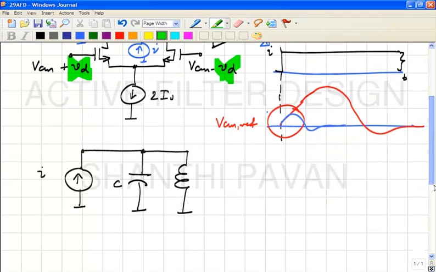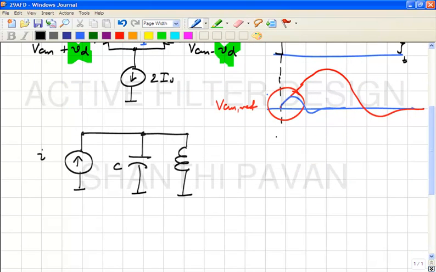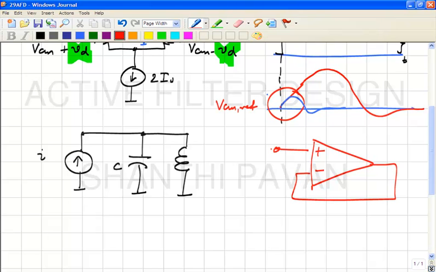Please note that as far as the common mode feedback loop is concerned, the equivalent network looks like this. This is nothing but a two-stage op amp. And this is VCM ref. We saw this in the last class, and this is VCM out. Now all that we have done is apply a step current into the output.